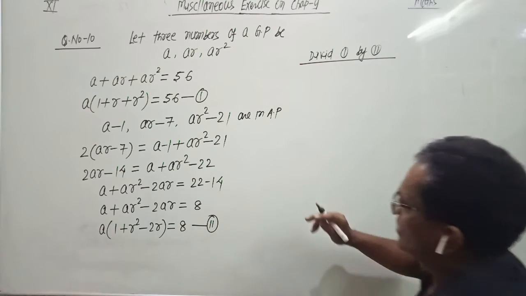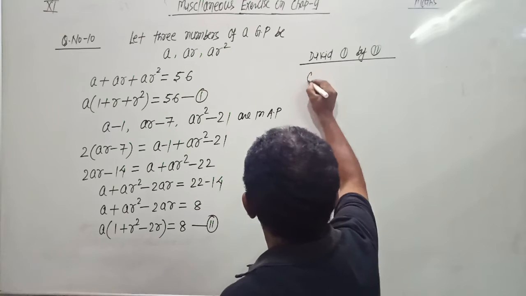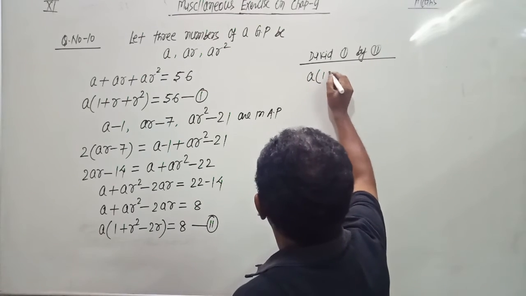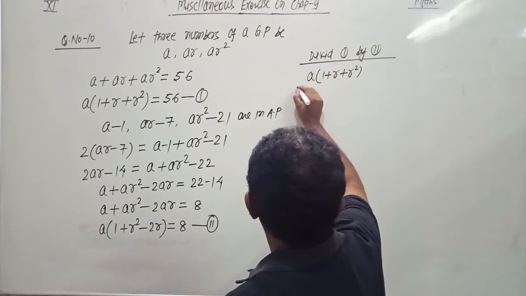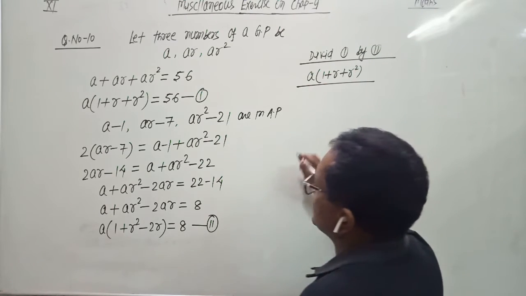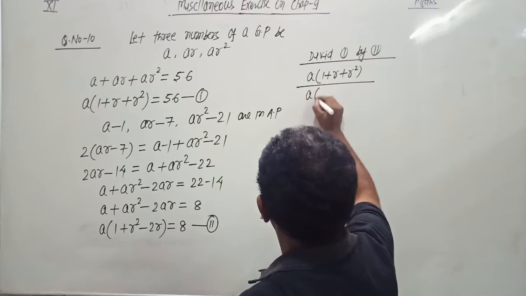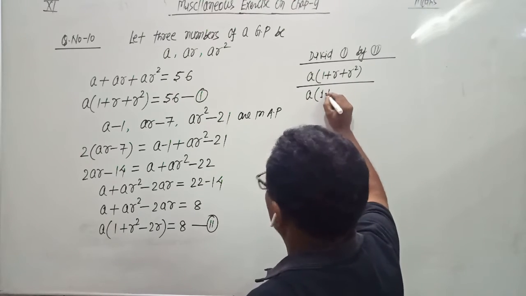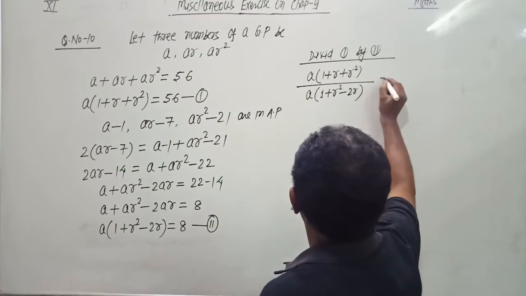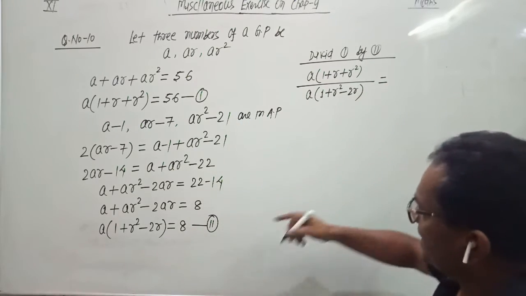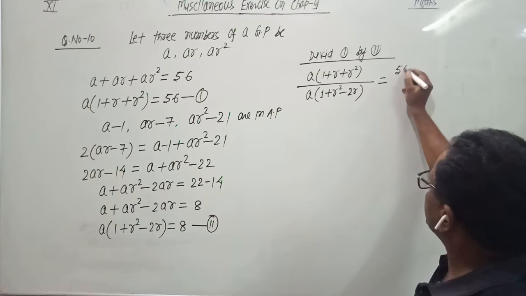So LHS of the first equation is A into 1 plus R square. And LHS of the second equation is A into 1 plus R square minus 2R, equals 56 divided by 8.